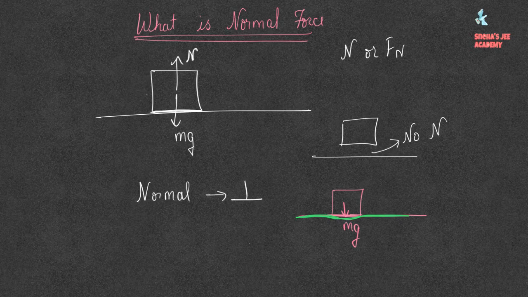Any surface which deforms has a tendency to come back to its normal state. So when the table pushes back, that pushing is the normal force. This satisfies Newton's third law.